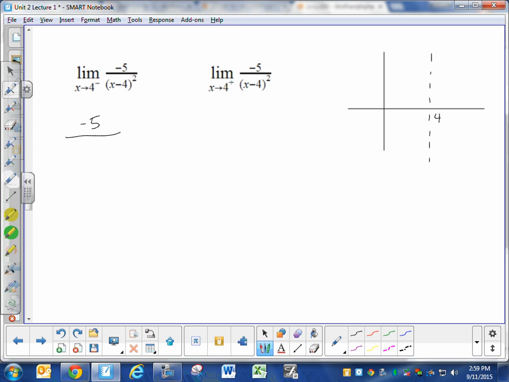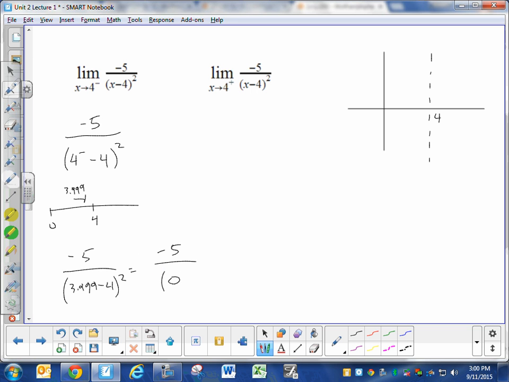Let's see what happens. I'm going to plug in 4 from the left, minus 4 squared. In my mind, I'm thinking, okay, to the left of 4, that's going to be 3.999 if I think about my number line. If I take that 3.999 and subtract 4, I'm going to get something that is close to 0, but negative, because 3.99 is less than 4.